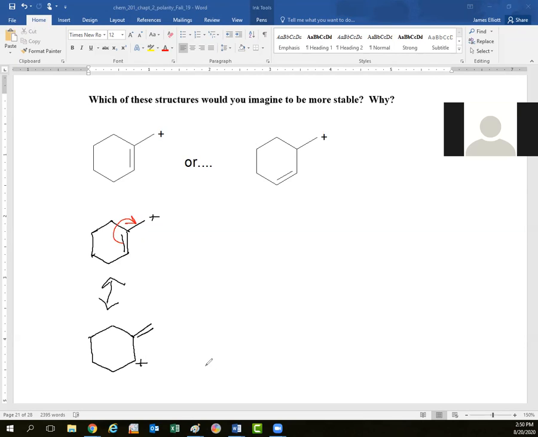So there's a resonance structure that looks like that. However, with our second molecule here that looks very similar, there's a pi bond in there.